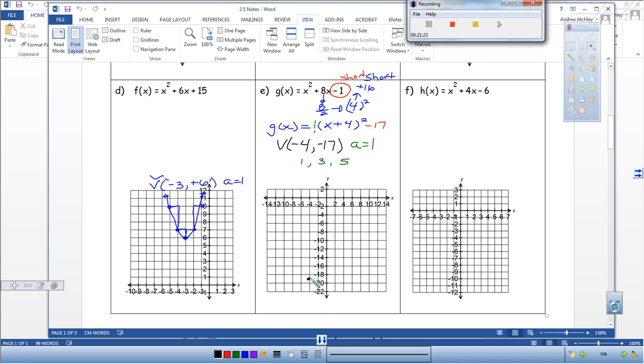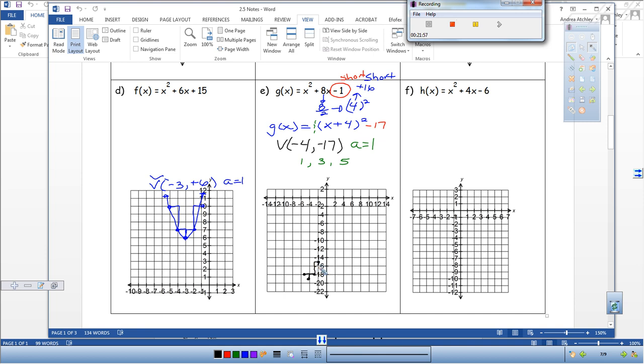Okay, so she's saying, for those of you who are just as confused as I was, this is counting by 2s. So I have to count by 2s when I'm going up and over. Does that make sense? So I go up 1 and over 1. Up 1 and over 1. Then I have to go up 3, 1, 2, 3, and over 1.